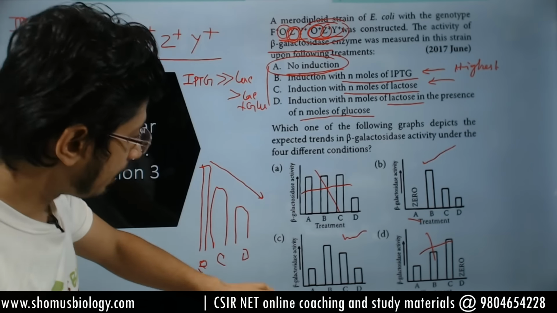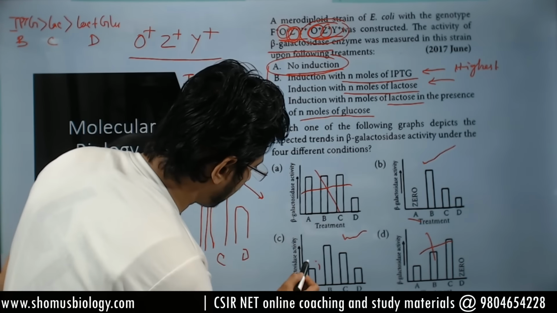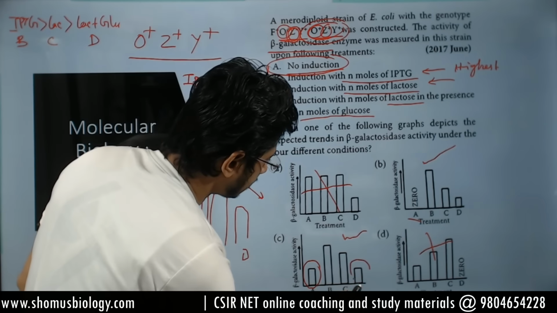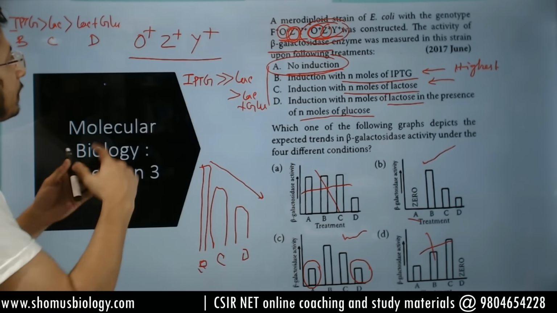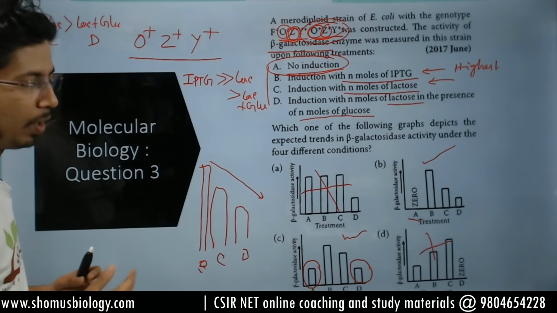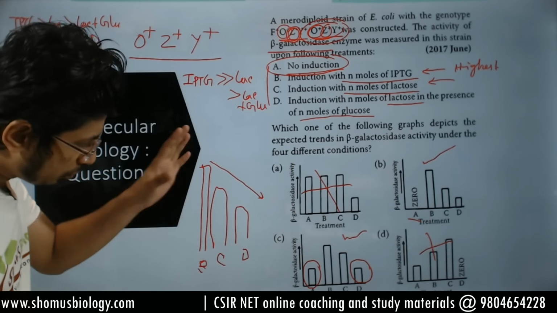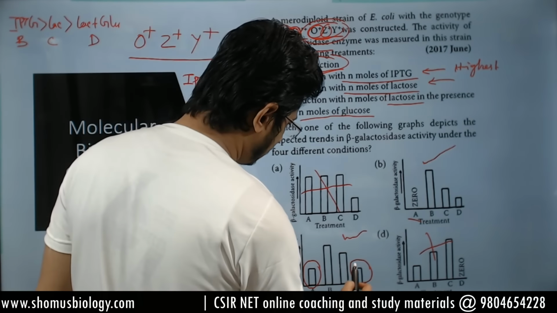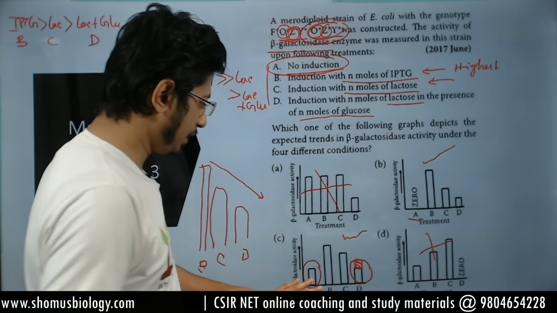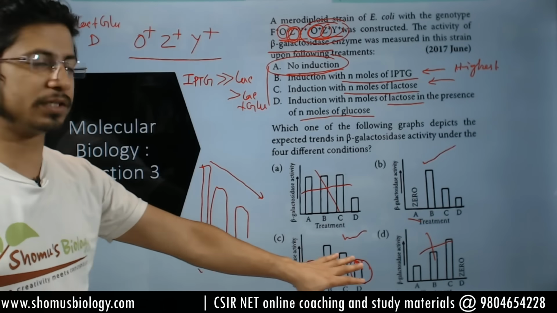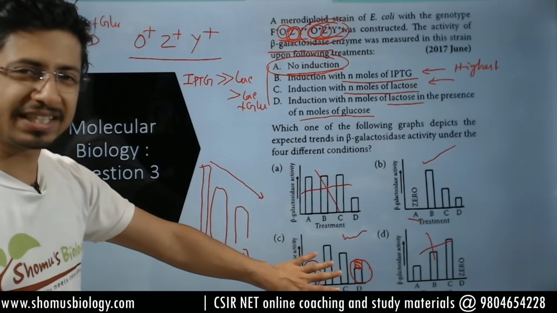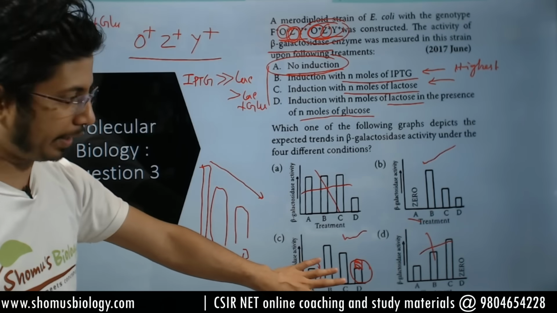But look at it, the production of beta galactosidase here and the production in induction in presence of glucose and lactose are equal. To my understanding, this must not be equal. D should be a little more than the leaky expression. Leaky expression must not be equal to D. So this graph is not entirely correct.